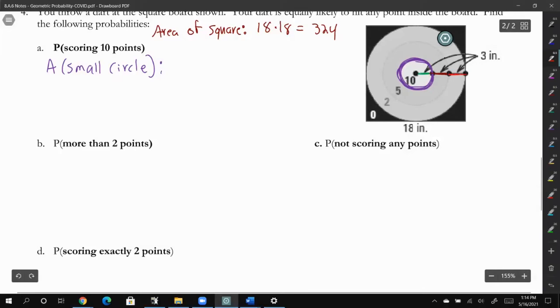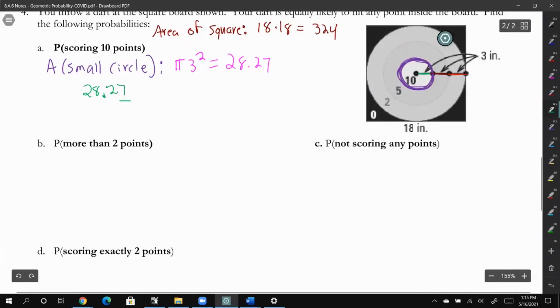So the radius of that small circle is 3. So we're going to have pi times 3 squared, because remember the area formula for a circle is pi r squared. So you type that in the calculator and we get 28.27.